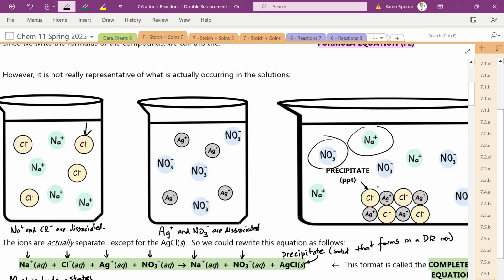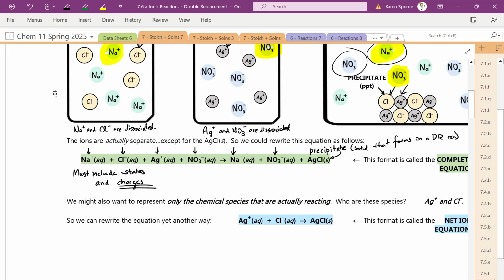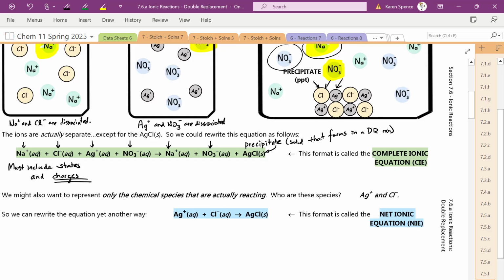You've got the chloride that ends up becoming part of the solid, and you've got the silver that ends up becoming part of the solid. Those are the participants in the game. And then you have the sodium, which stays as sodium and does nothing, and the nitrate, which stays there and really does nothing. They just watch the reaction happen. So we actually call those the spectator ions. The ions that do not actually participate in the reaction are called the spectator ions.